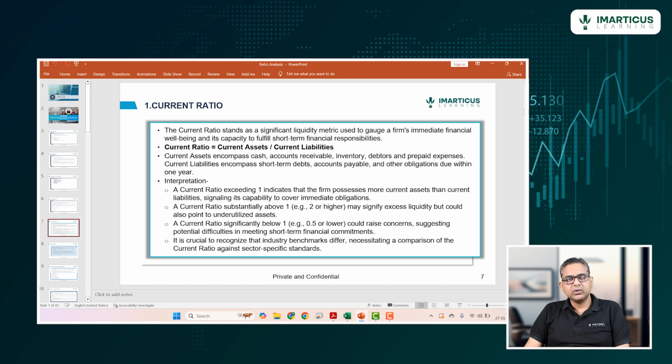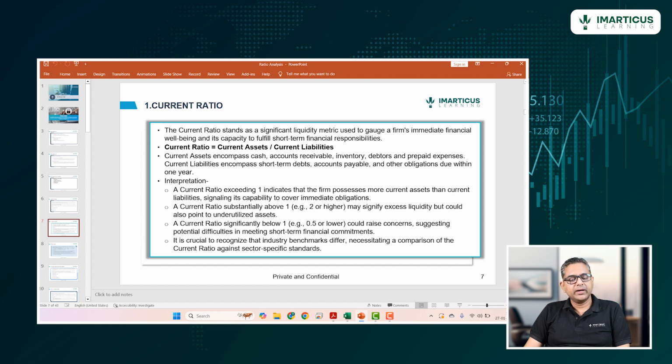So, although we want this to be higher so that we can be very sure that current liabilities can easily be covered by current assets, if it is too high, if it is 2, 3, 4, that means a lot of our capital is stuck in current assets. Maybe we don't need so much of current assets as we have currently, right?